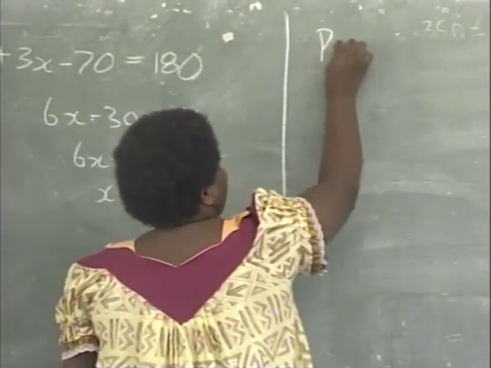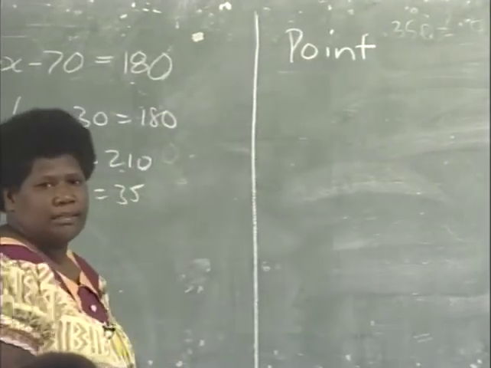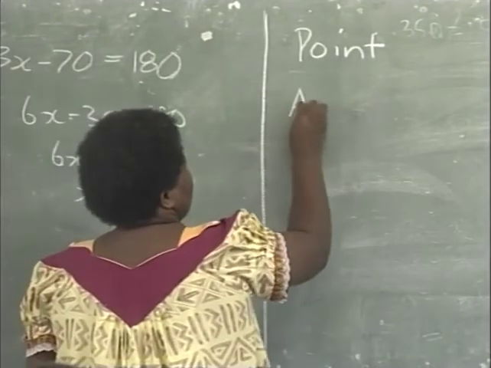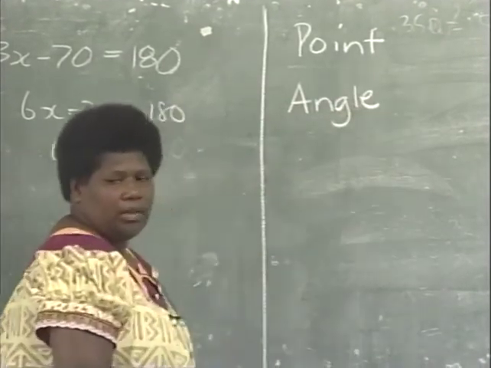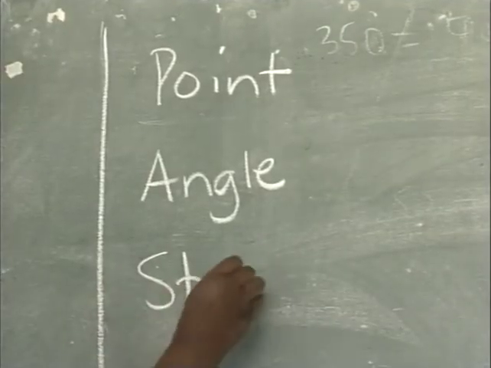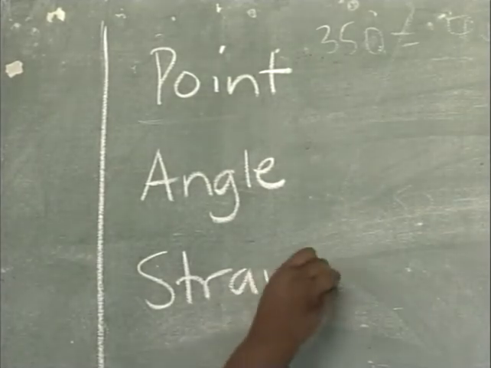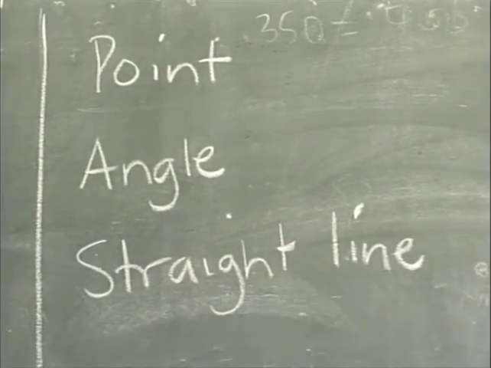You are going to define what a point is, what an angle is, and what a straight line is.